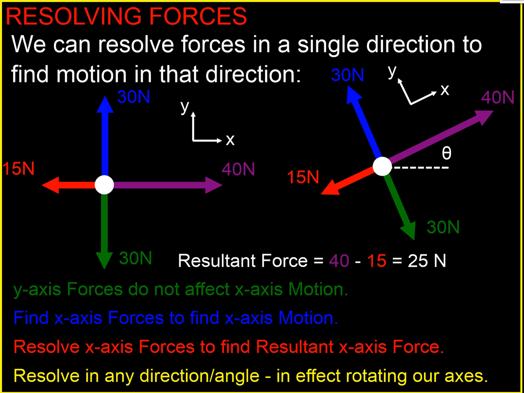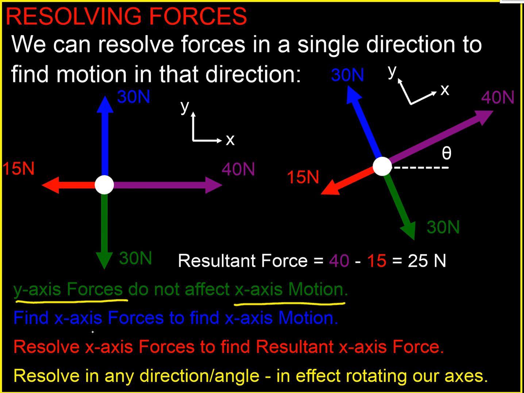So just our quick summary here then, we can resolve forces in a particular direction and we can have groups of forces and we want to find our resultant forces. But key points: forces in the y direction, the y-axis, do not affect motion in the x-axis. They're perpendicular to it, they're having no effect.